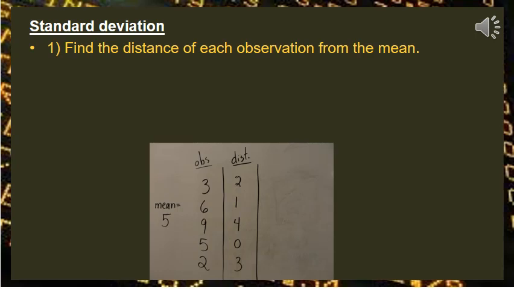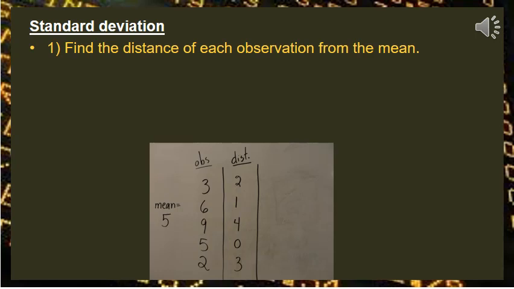3 plus 6 plus 9 plus 5 plus 2 gives you 25. You divide by the number of observations, which is 5. It gives you 5. So I have 5 observations, and the mean is 5. I have to find the distance from the mean for each of these observations. So here, 3 is 2 below the mean. So the distance is 2.